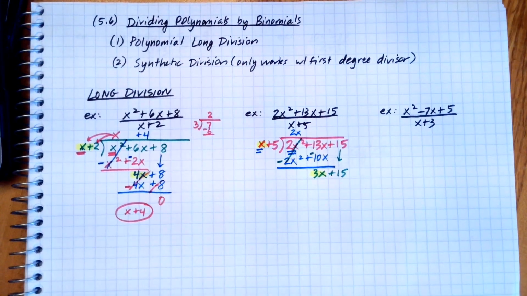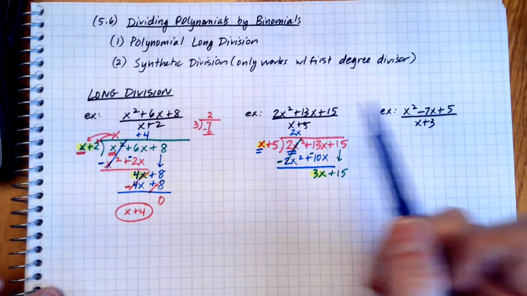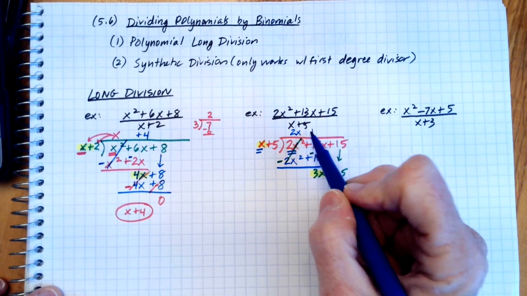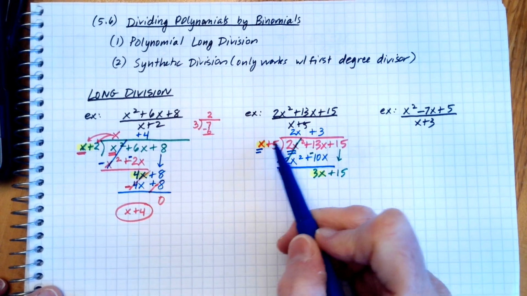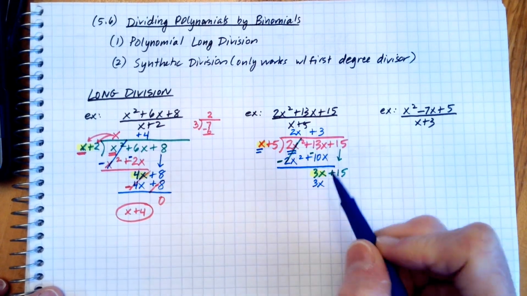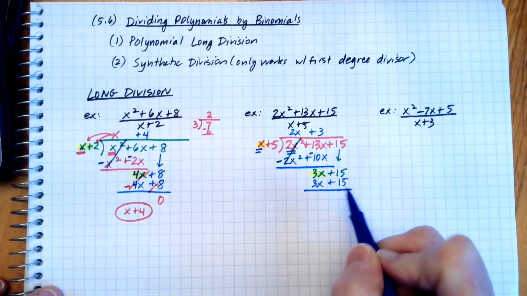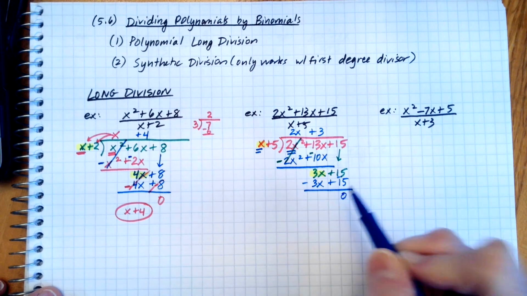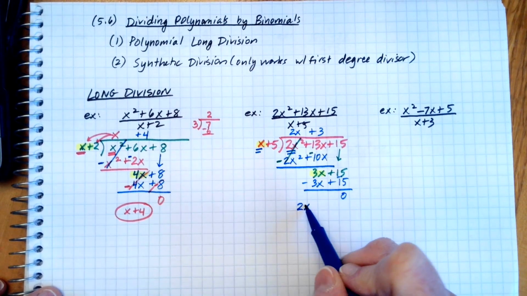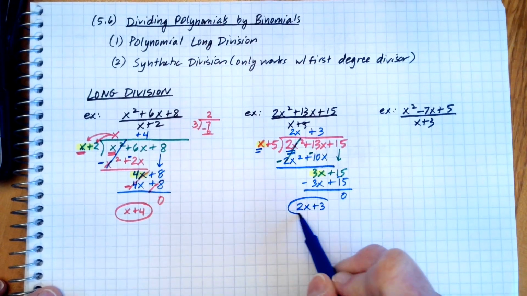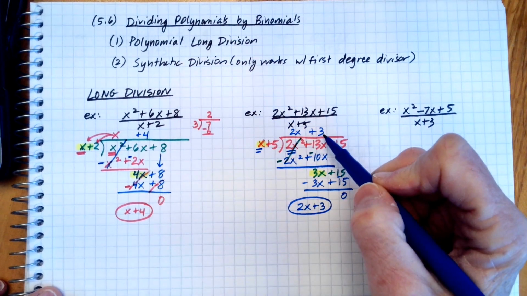So we're saying what times x will give me 3x, which is 3. So 3 times x is 3x. 3 times 5 is 15. We change the signs to their opposite and combine, and we get 0. So the answer is the quotient up top, which is 2x plus 3.